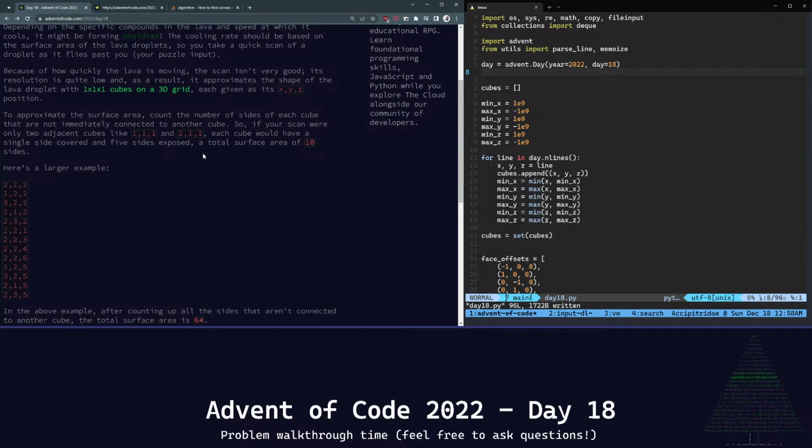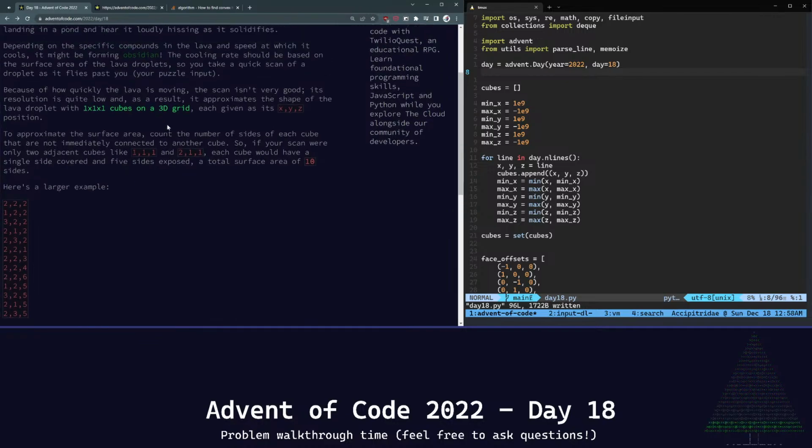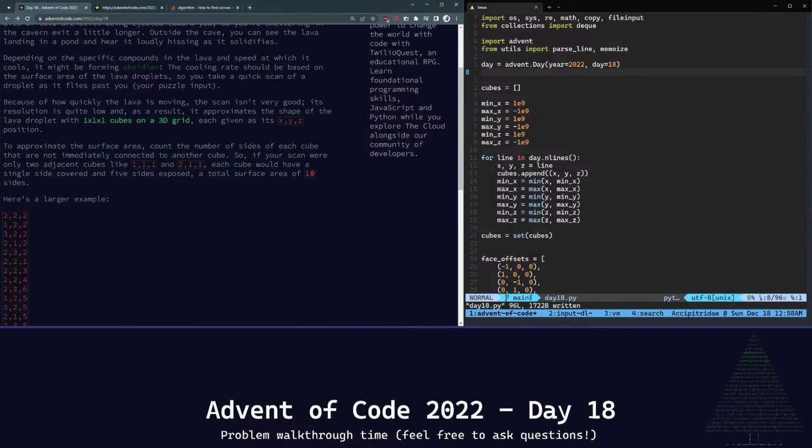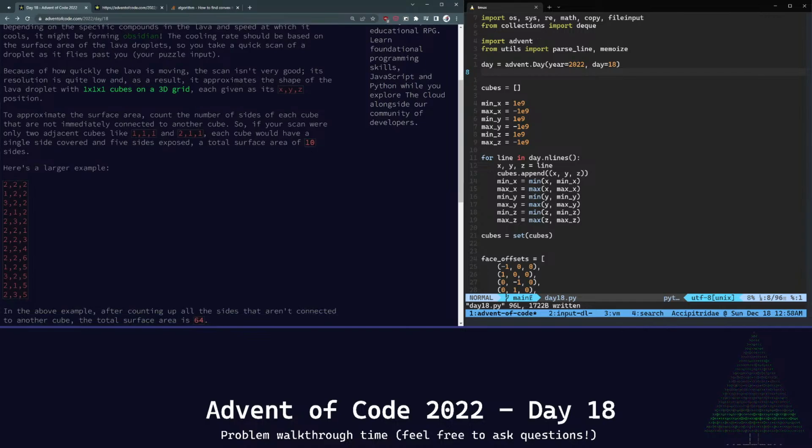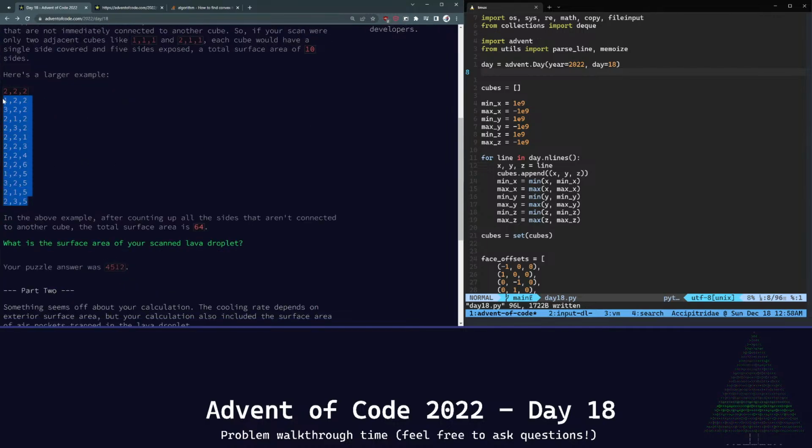And so because these two cubes are next to each other, one of their faces will be touching on each cube. And so rather than both these two cubes contributing 6 faces, resulting in 12 sides, because these two are touching, we only get 10 sides that are not touching another cube. In this example, it says the answer should be 64.